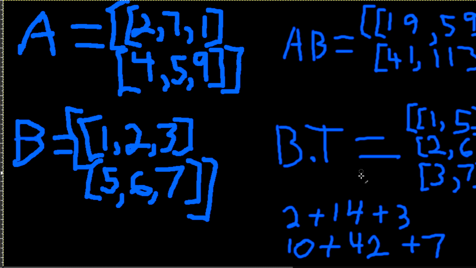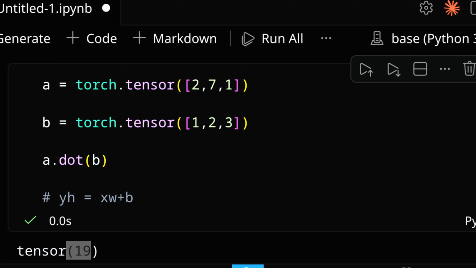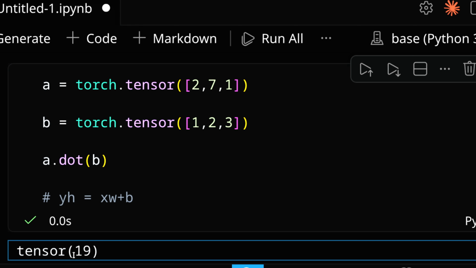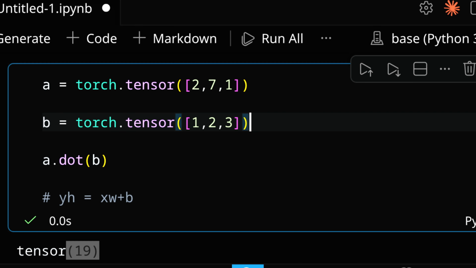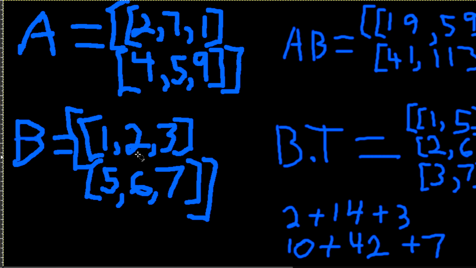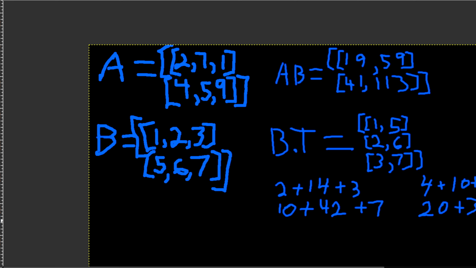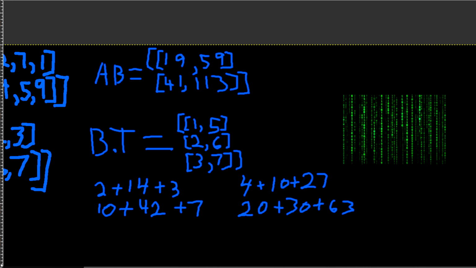And that equals the 19 up here. So grouping together dot products is one way to think of what matrix multiplication is. So that's how matrix multiplication works in artificial intelligence.